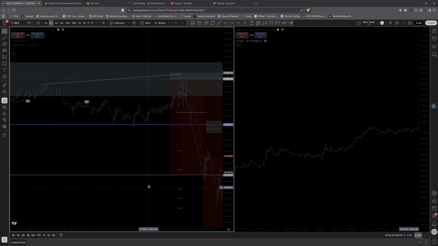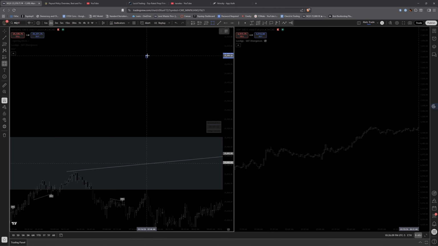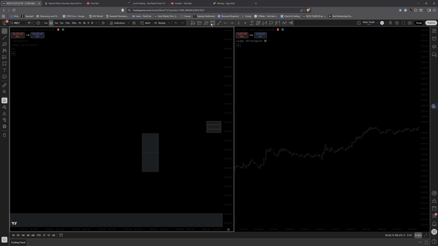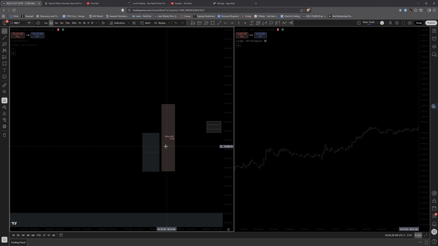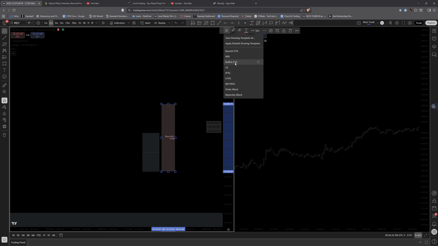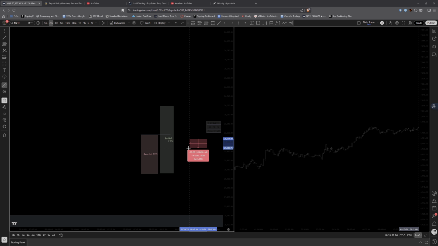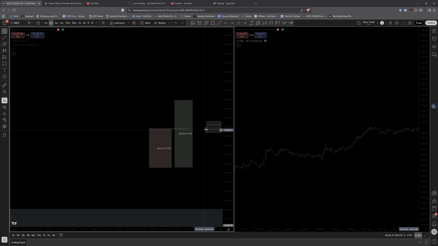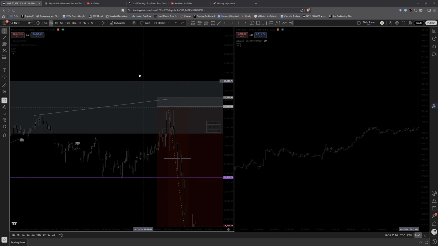So people that like to enter off CSDs, like let's say this is a candle, and then there's a CSD, right? You would think this is a CISD, right? But what you fail to realize is that this is gonna get you wrecked.